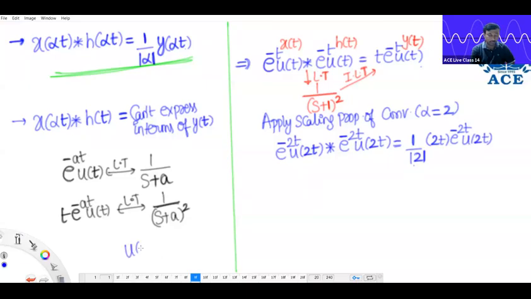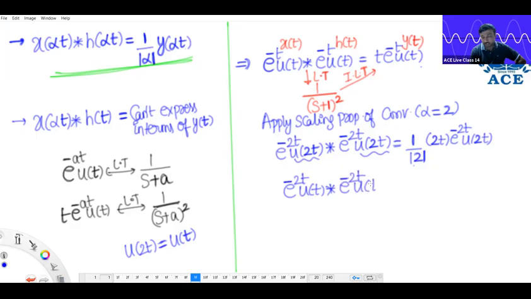The scaled version of step function is itself. It is not a big deal from the definition of step function. Ut is 1 for t greater than 0. U of 2t also 1 for t greater than 0. So this term and this term can be written as u of t again.